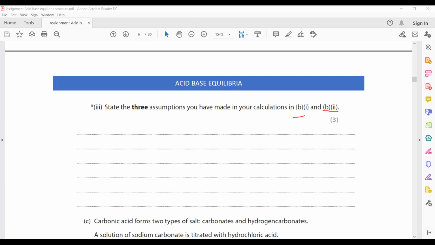Our assumption is that the concentration of the carbonic acid H2CO3 does not dissociate significantly, or there is negligible change, so it is the same at equilibrium and initially.